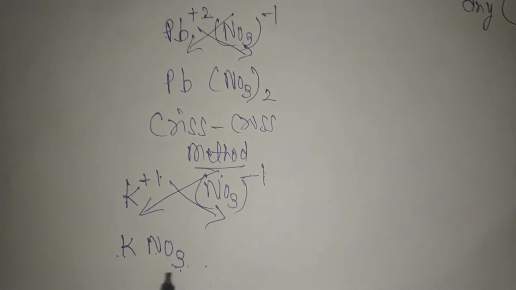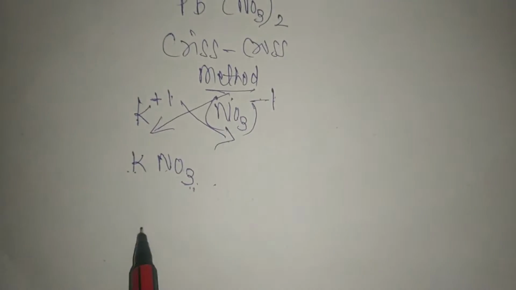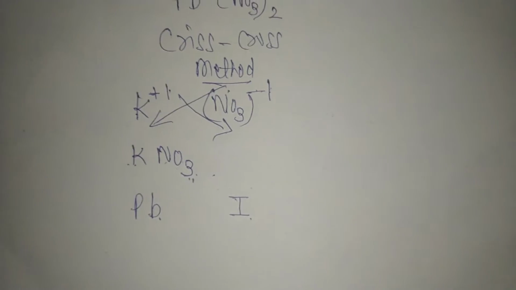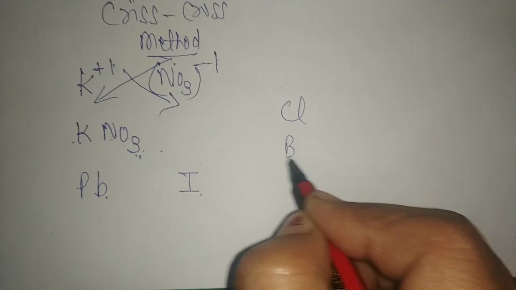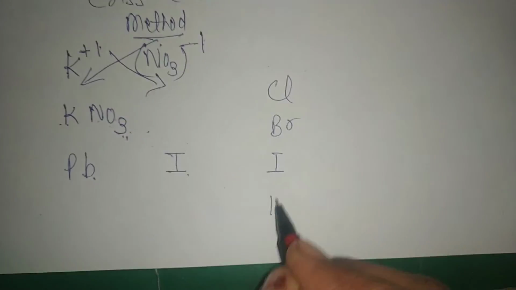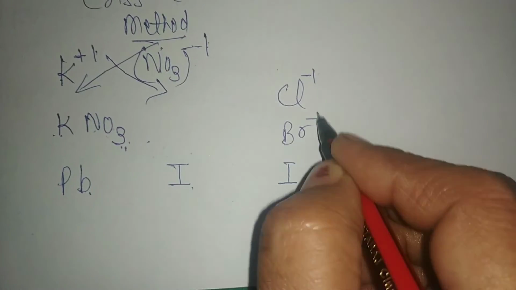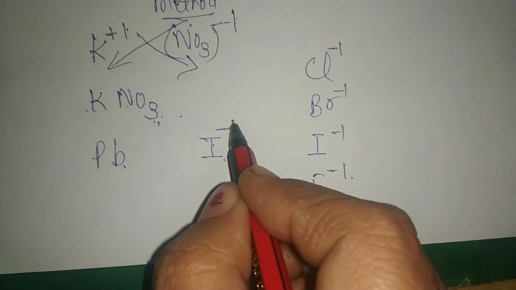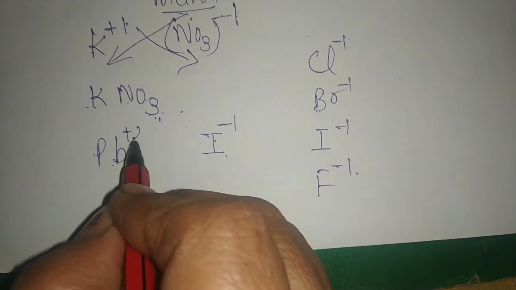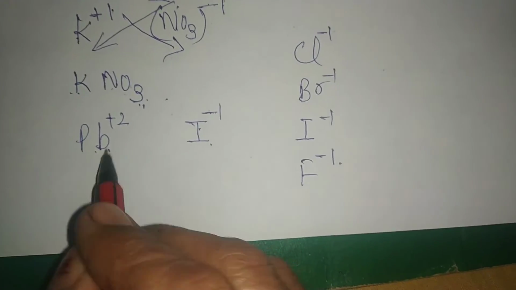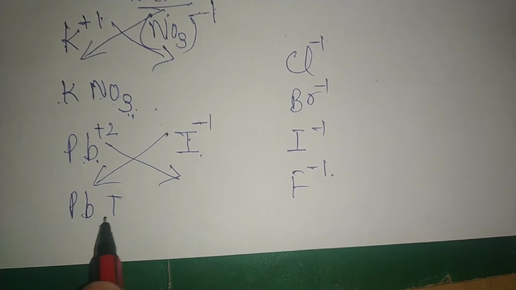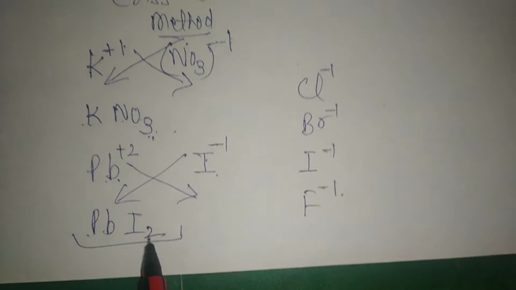Again one more formula, between Pb, means lead, and iodine. Chlorine, bromine, iodine, fluorine all have -1 valency. So iodine is -1 but Pb is +2. So again by the crisscross method, PbI2. So this is lead iodide.